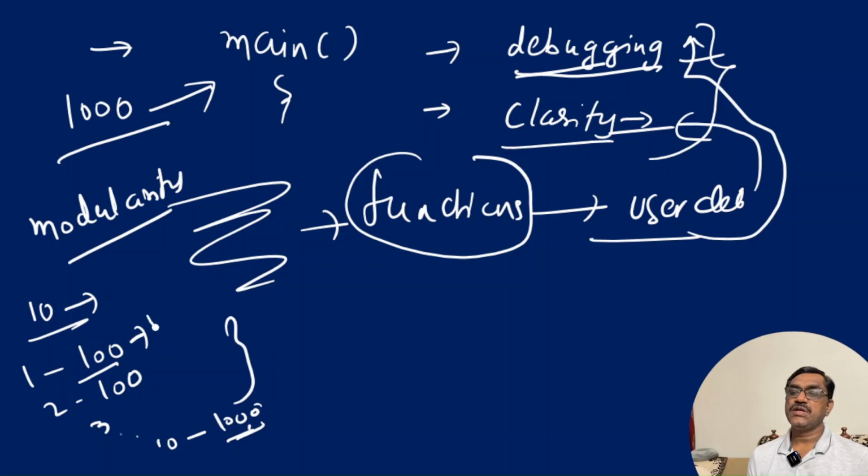Assume that user 1 is the first block, user 2 is the second block. Then it is very easy to understand, because there are only 100 instructions in each group. Now user 1 is some kind of code, user 2 is some kind of code, like that. So here we have some clarity, and it is also very easy to find the error, and it provides easy understanding of 10 groups, or we can say 10 modules.